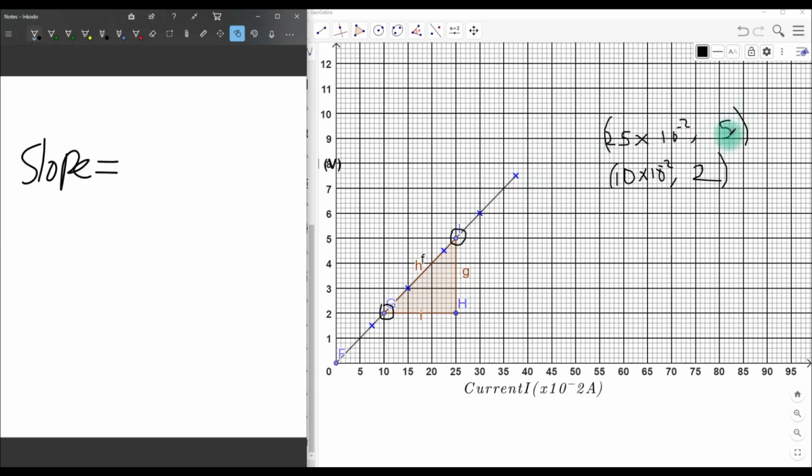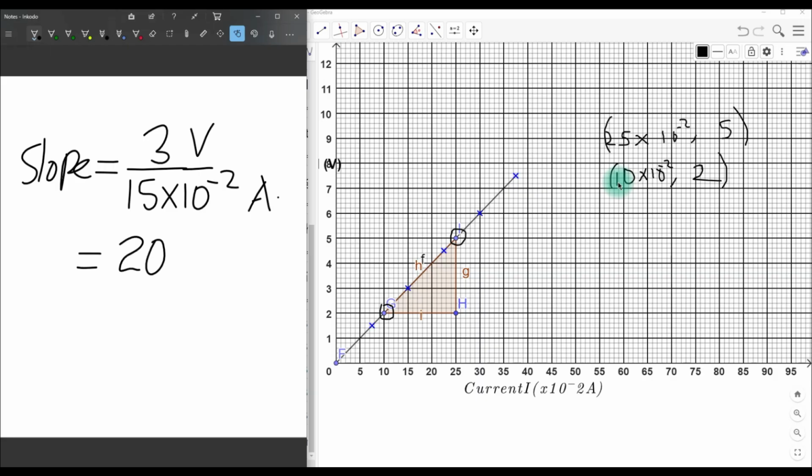So we have 5 minus 2, which is 3 volts, all over 25 minus 10, which is 15 times 10 power negative 2 amperes. So 3 divided by 15 times 10 power negative 2, we end up getting 20 ohms.